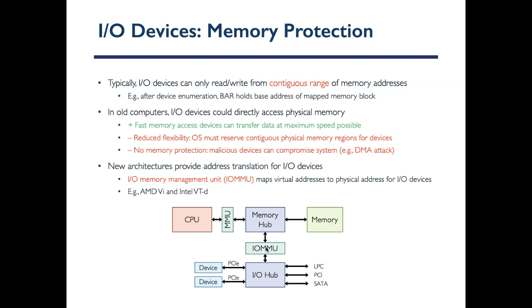It definitely adds some overhead. And in some cases, you may decide not to use IOMMU. You just disable it. Just go with the physical address translation if you have an embedded system or a real-time system. You might just bypass this.